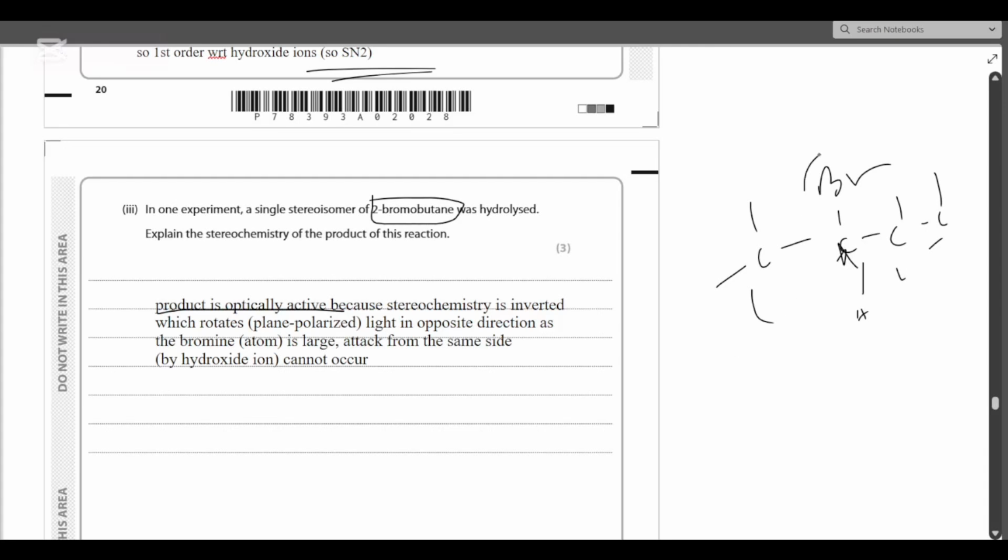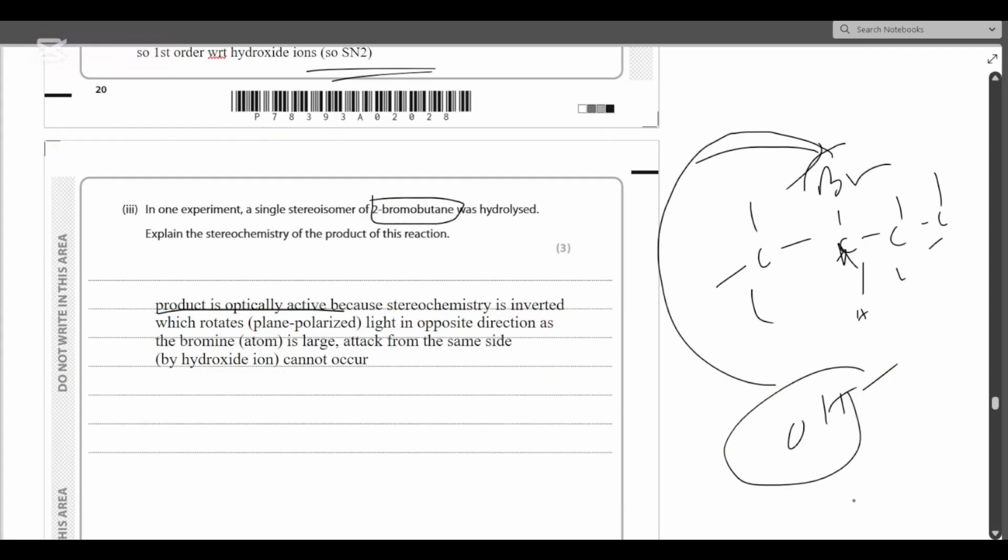We know that the bromine atom is large, so the hydroxide ion, which is coming from the water as a nucleophile, is not going to attack from the bromine side, but it's going to attack from the opposite side.